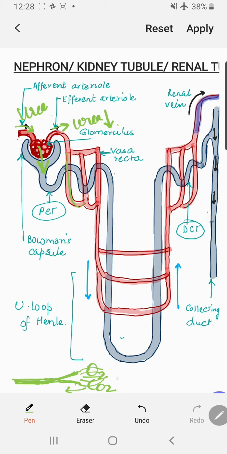Then these capillaries reunite to form venule, which again reunites to form vein.